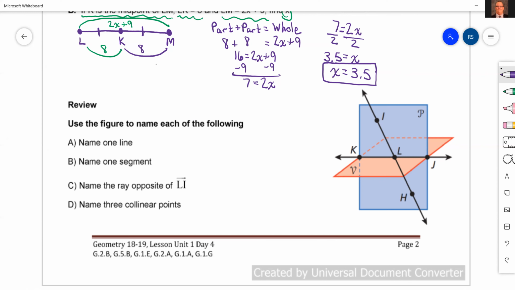So if I wanted to say line LH, I could. That's a line. Now let's just say I'm an overachiever, which hashtag true story. I can name the other line too. That one, I'm going to name KJ.